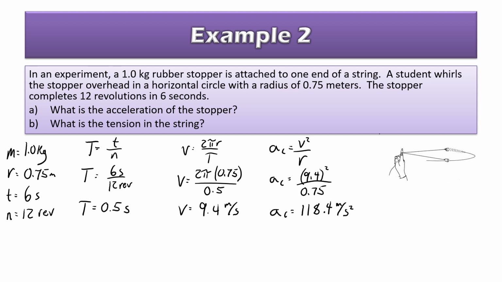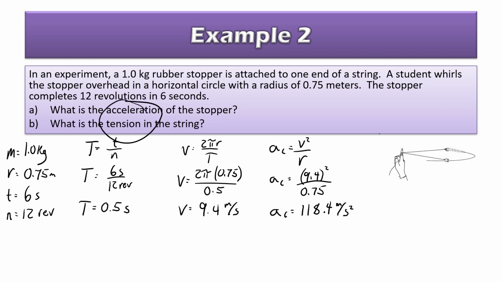Cool. I wonder what would happen if the radius is longer or shorter. How would that affect the centripetal acceleration, and how would that affect the velocity? Interesting. I wonder if we'll do a lab where we explore how those variables affect the centripetal acceleration, velocity, and the force.